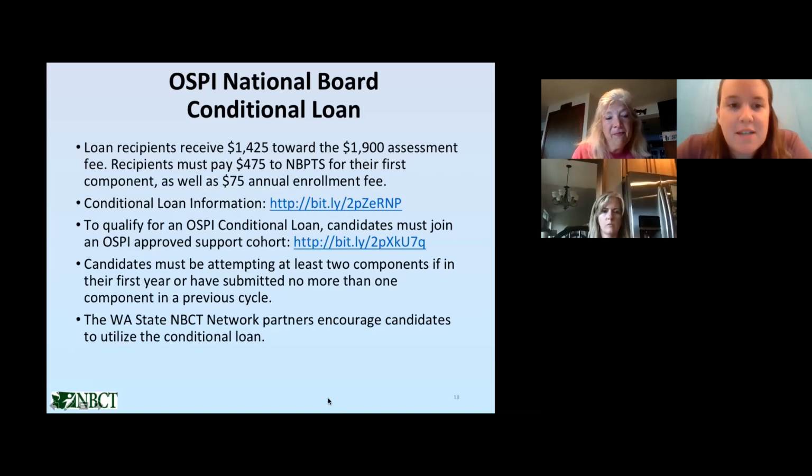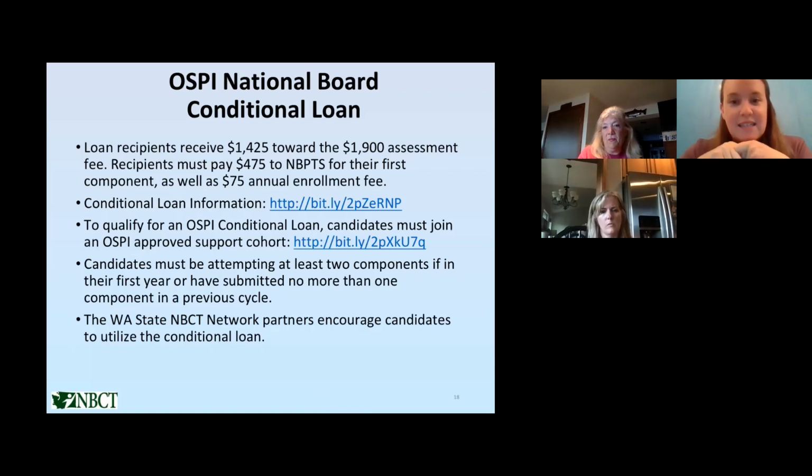Hey, Debbie, can I just add one more thing about the loan? Mm-hmm. Facilitators really do encourage candidates to use the loan, even if you don't need it. For an additional reason as well: because it's written into state law that the loan gets paid back out of our bonus, it kind of ties the 2 together in the law.